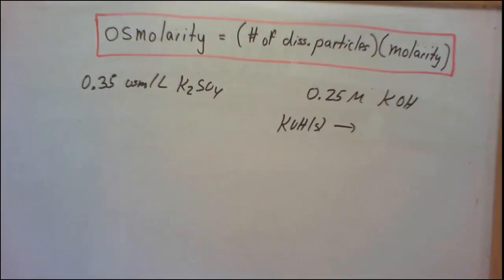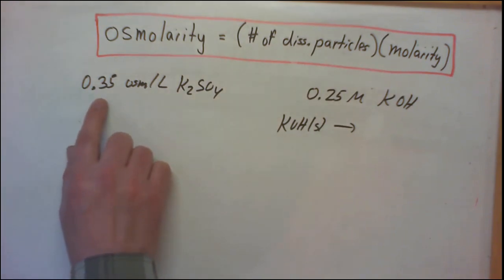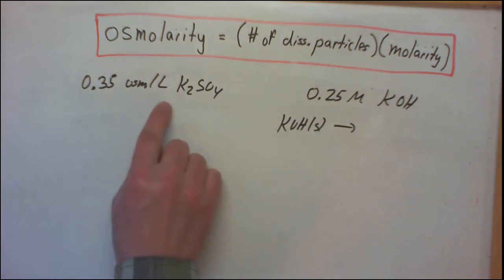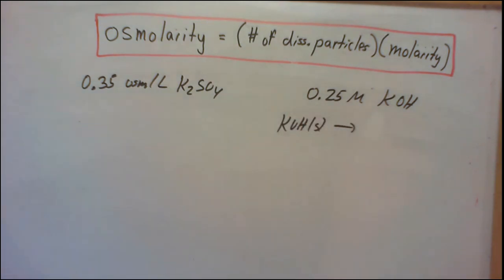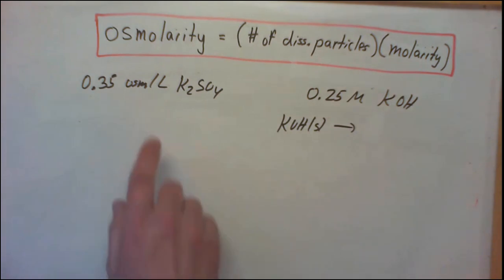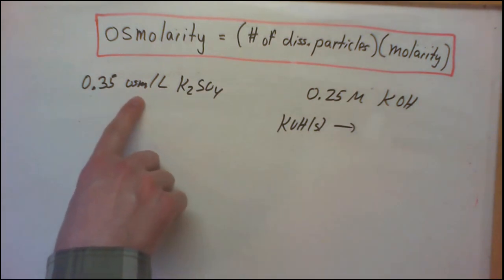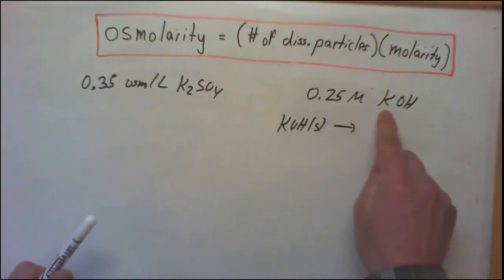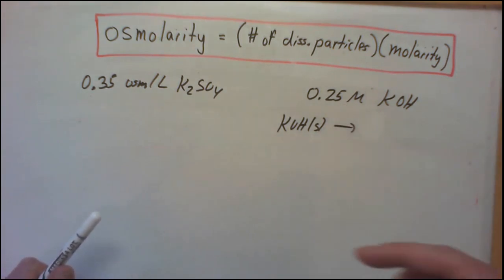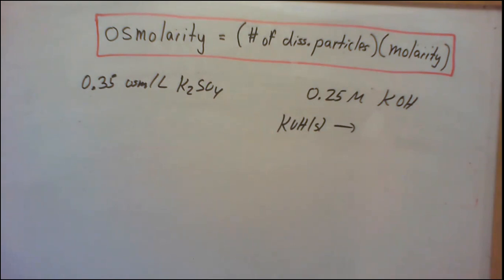Our final example for determining relative freezing points is to compare a 0.35 osmolar potassium sulfate solution to a 0.25 molar potassium hydroxide solution. Notice that we're already given osmolarity here, so there's nothing to do. We already have the number we're interested in. But for the potassium hydroxide solution, we're given molarity. So like before, we need to convert that to an osmolarity.